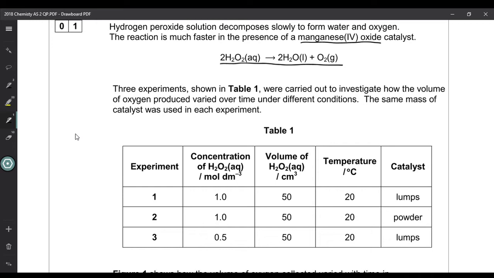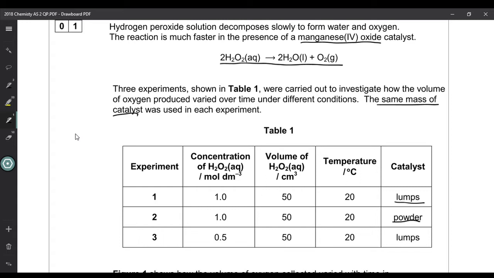The mass of the catalyst was the same in each experiment, so we know we don't have to worry about the amount of catalyst. So we can see with the 3 experiments, the first 2 differ in just that the catalyst was in lumps in the first and then powder in the second. And the first and the third experiment differed.